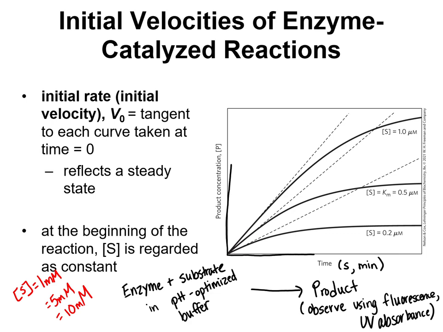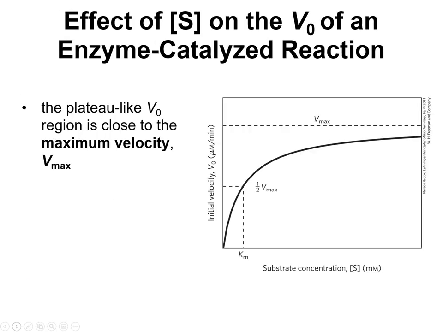So we're saying, it hasn't really changed. So we can take those initial rates and we can plot them against substrate concentration. So you've got your initial velocity for all these different substrate concentrations. You plot them and you get this square hyperbola.